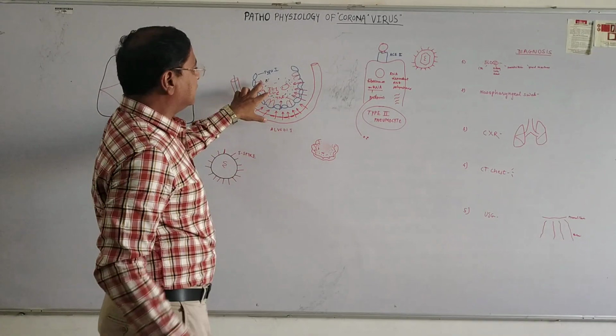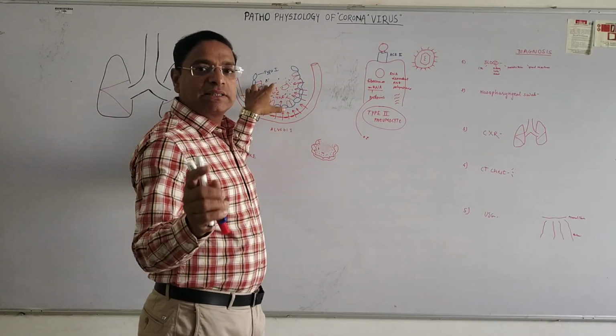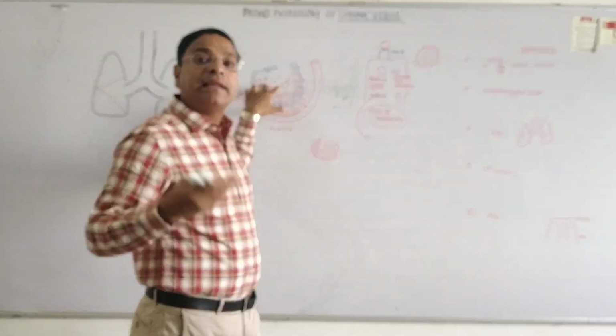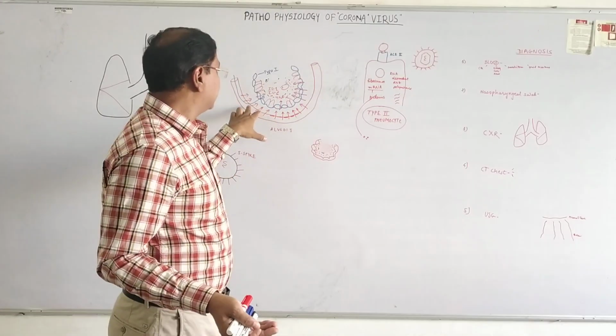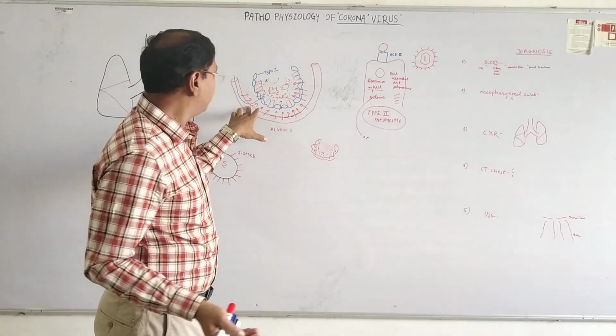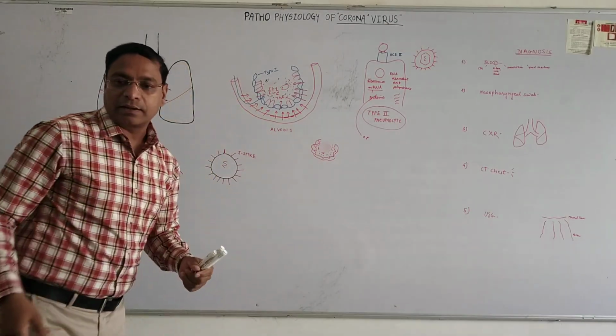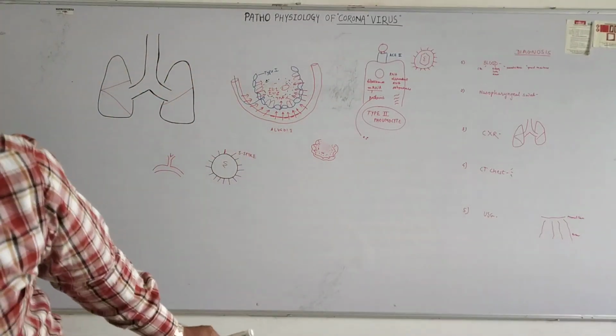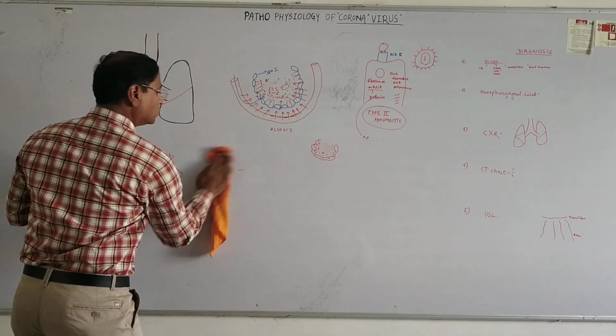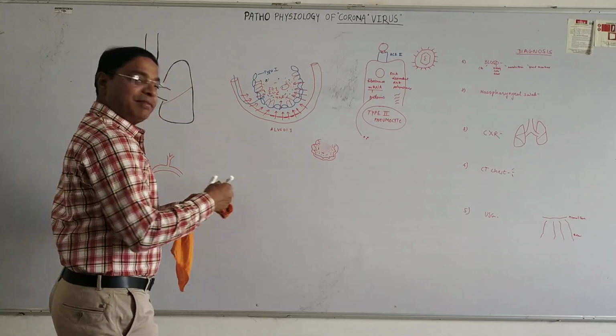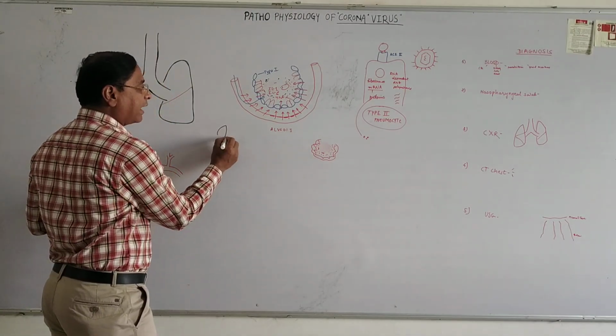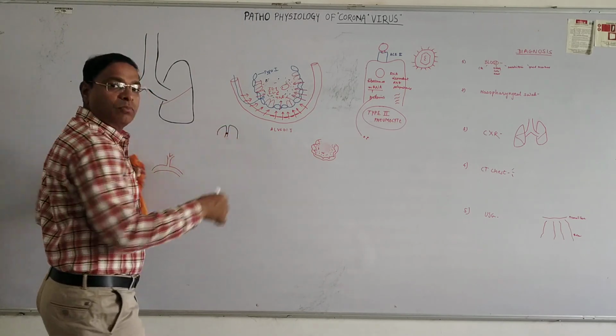Now, this interleukin 1, interleukin 6 and tumor necrosis factor, when they are in abundance, will enter into the blood, and then they will be taken to the hypothalamus. Once they are taken to the hypothalamus, they will try to regulate the thermostat one more time.